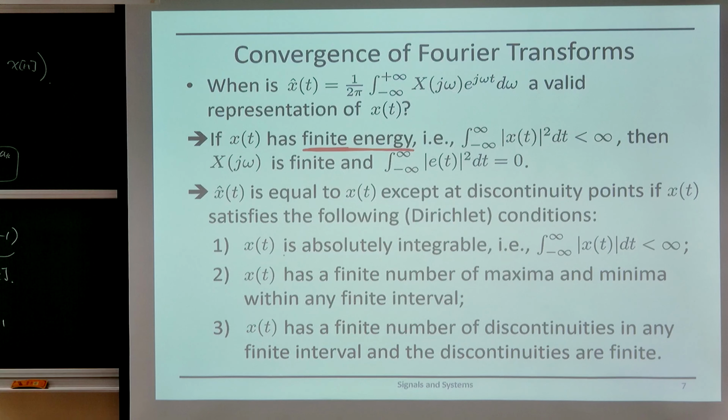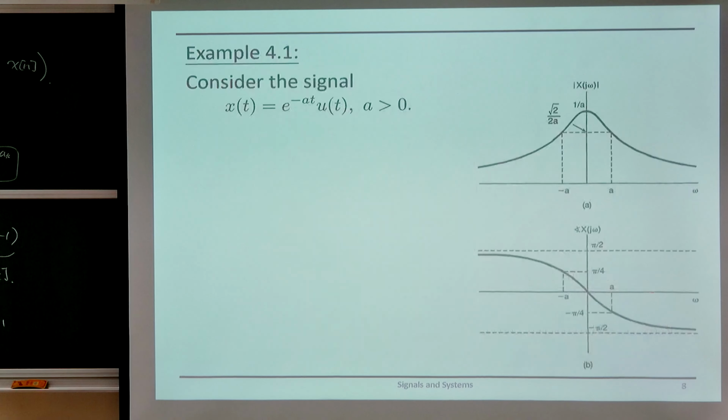For almost everywhere convergence, you need absolutely integrable, finite maxima and minima over any finite interval, and a finite number of discontinuities. You can see that all of these conditions are inherited from the periodic case. All right, my time is up, and the remainder is just a few examples. Tomorrow we'll go through some of these examples, but the main points we already delivered.